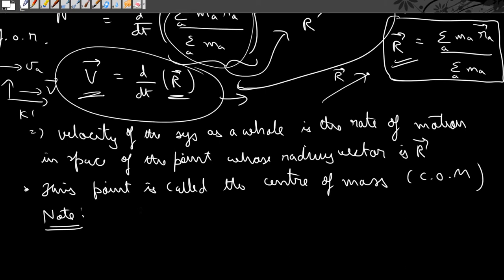But this is just an abstract concept wherein we say that the velocity of the system as a whole is the same as the velocity of an imaginary point whose position vector is given by capital R, which is defined in this manner. Okay, so note that this is an imaginary point.